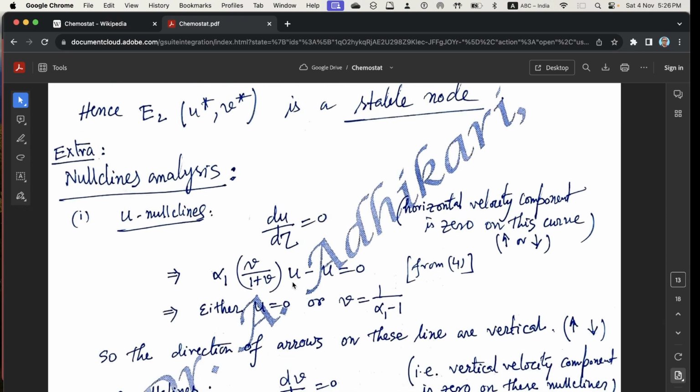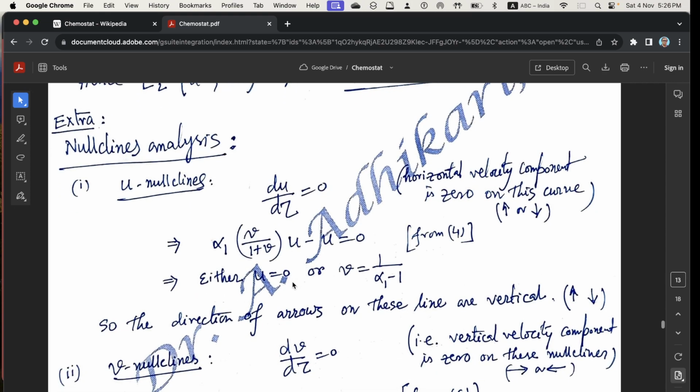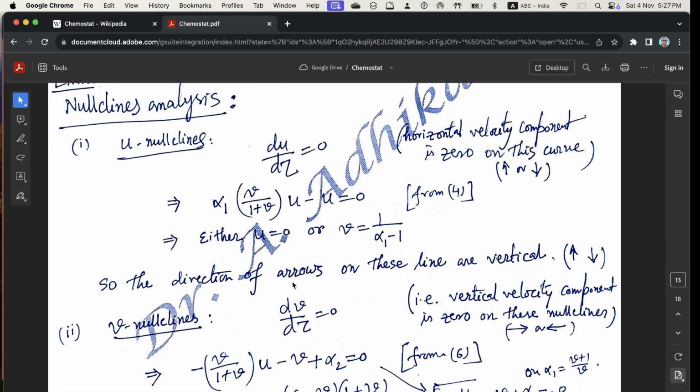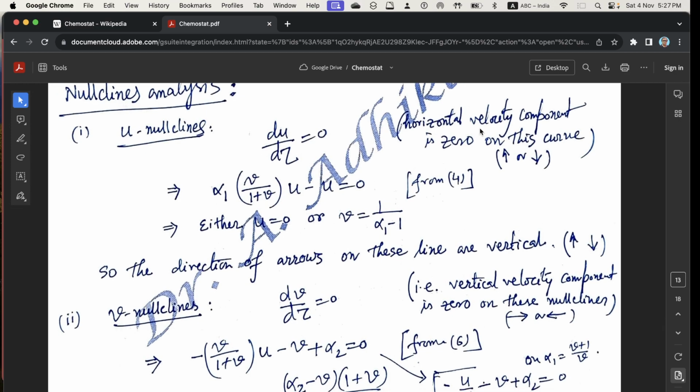Now here is the extra part of this question, null-cline analysis. For du d tau equal to 0, when the horizontal velocity component is 0, u equals 0, v equals 1 by alpha 1 minus 1. The direction of arrows on these lines are vertical.